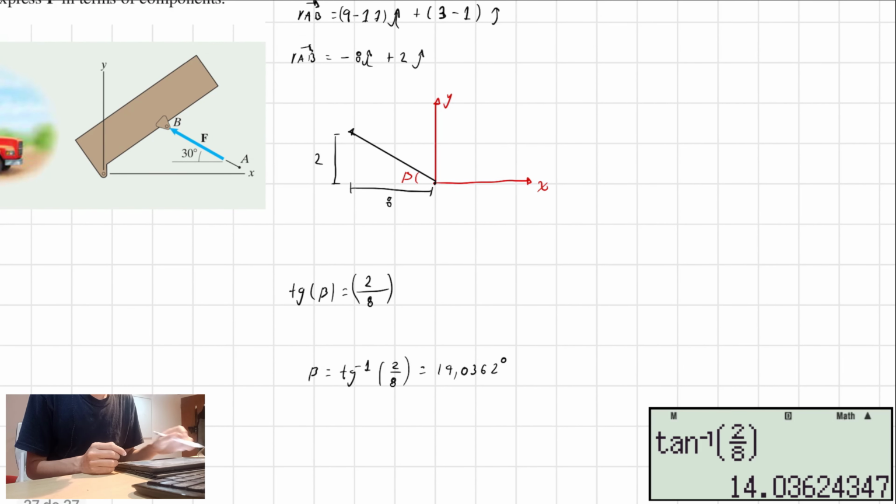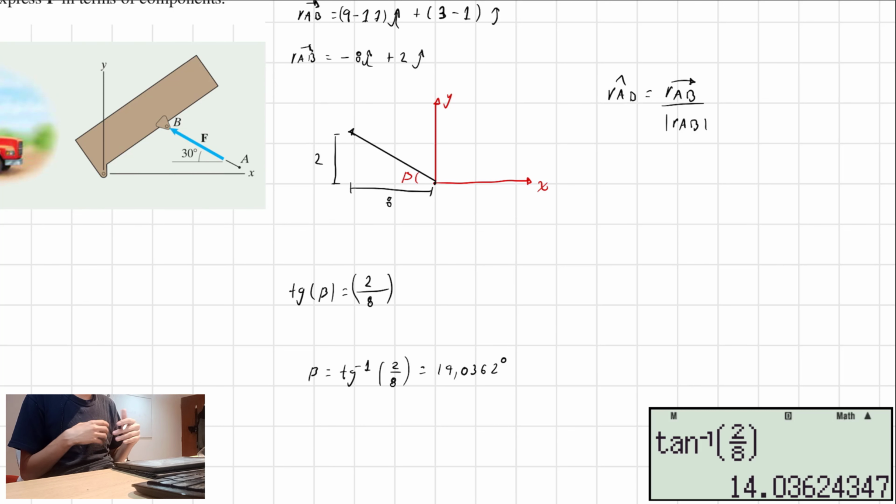So now that we have the angle, one way for us to determine the unit vector is that the unit vector of RAB is going to be equal to the vector RAB divided by the magnitude of RAB. In this case, I need the angle because the other way for us to determine the unit vector is by applying the cosine and the sine of the angle.